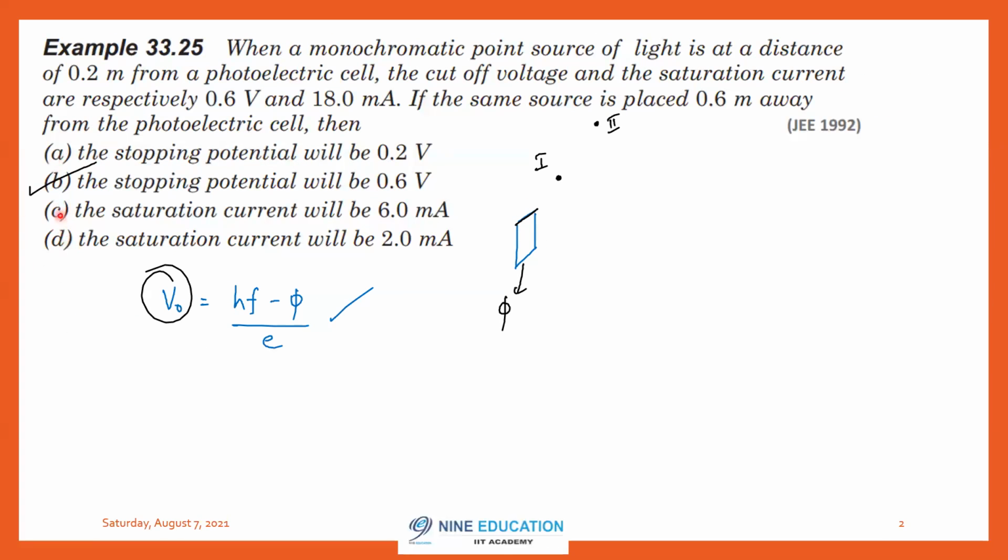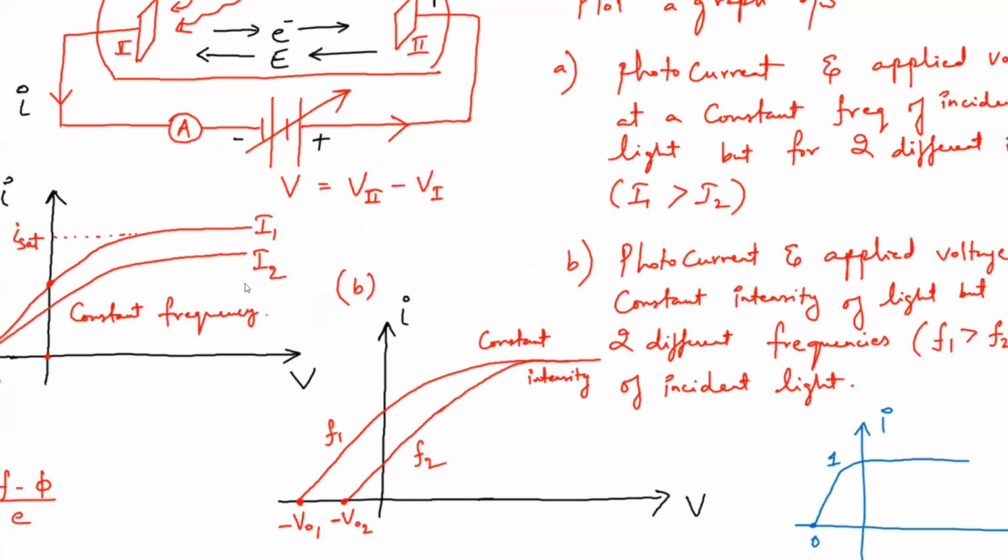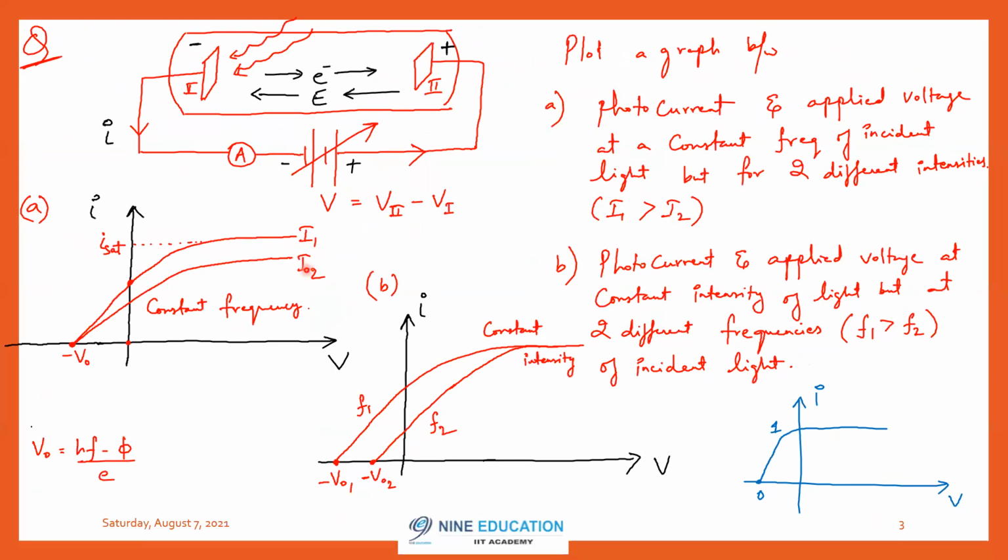Now look at C and D, the saturation current. Look at the graph that we have drawn. Here I_sat1 and I_sat2 are the saturation currents corresponding to these two intensities, I1 and I2. So saturation current depends on the intensity.